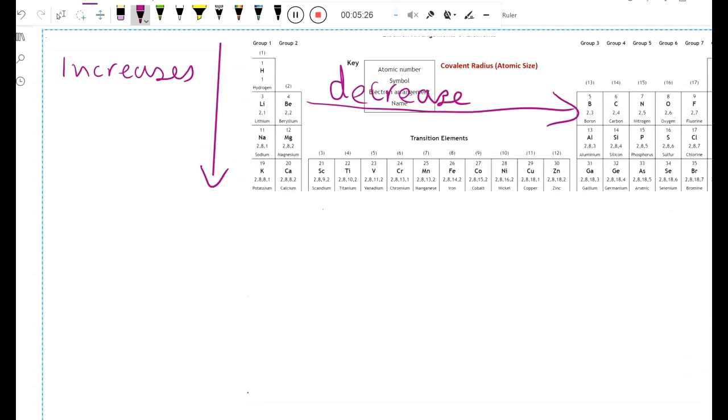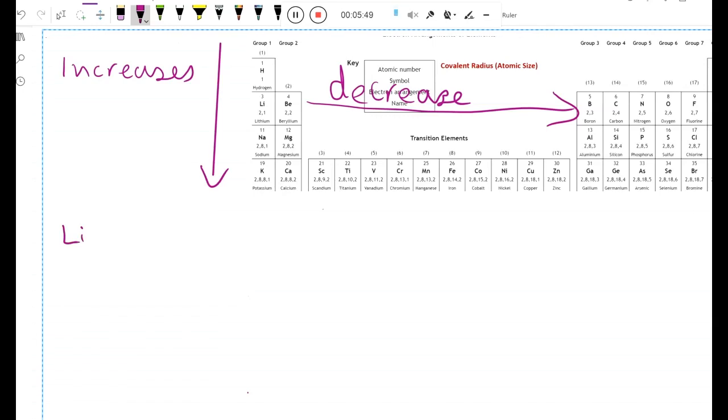So, let's start with going down a group. If we look at group 1, we don't include hydrogen in group 1, so we're starting with lithium.